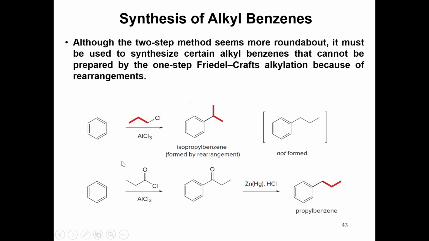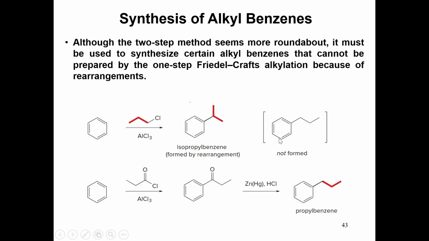The good news for this type of Friedel-Crafts acylation reaction is that there is no carbon cation rearrangement. So the reaction product is very straightforward and clear. Basically, the bond will be connected here to the ketone group. So this would be the product.